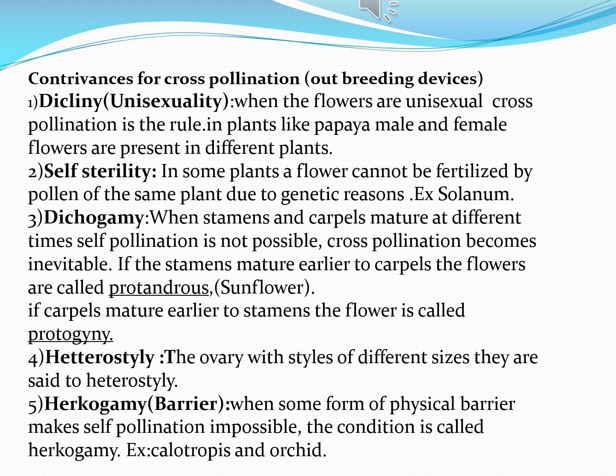Next one, self-sterility. Self-sterility means that in some plants a flower cannot be fertilized by pollen of the same plant. Suppose the flower is bisexual, having both male and female parts in the same flower.